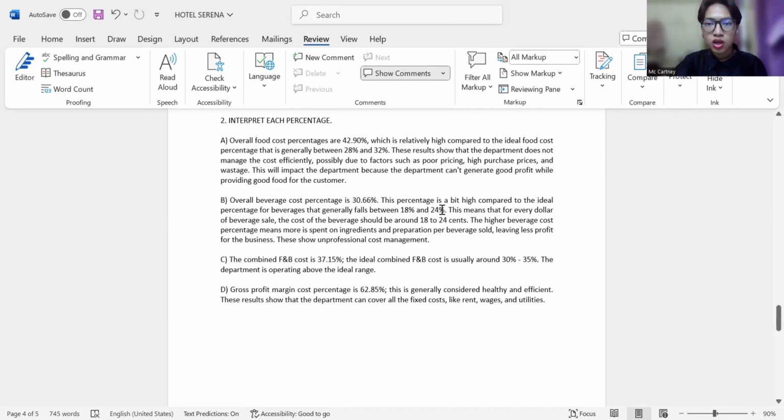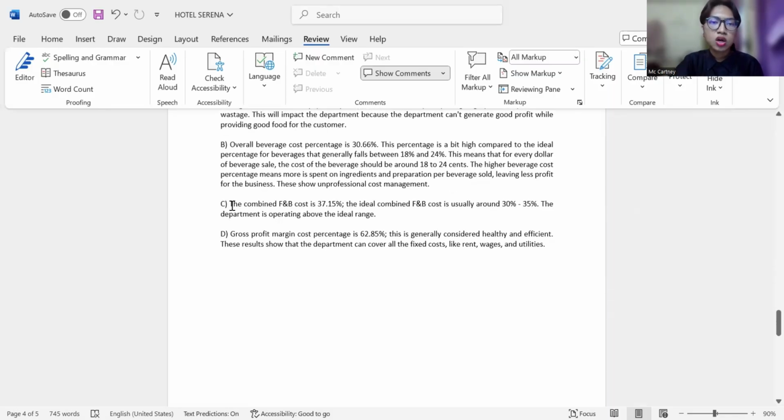But for the overall beverage cost percentage, we not only look at the ideal percentage, we also need to look at the industry ideal percentage. The combined F&B cost is 37.15%, which is above the ideal range of around 30% to 35%.